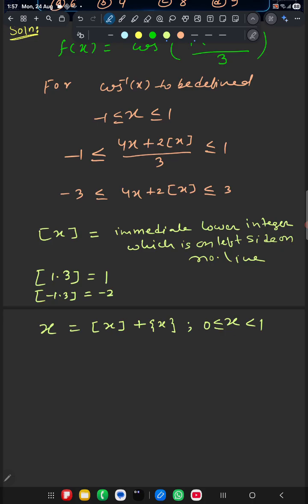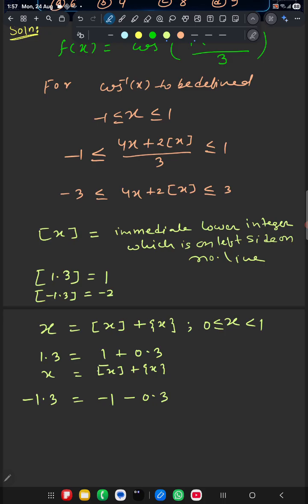So in our example, if I take 1.3, I can write it as 1 plus 0.3. This is the greatest integer function of x, this is the fractional part of x, and this is your x. Clear? Similarly, if I say -1.3, I can write -1 and -0.3.